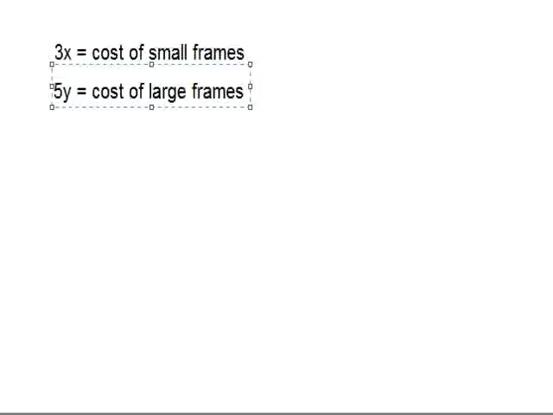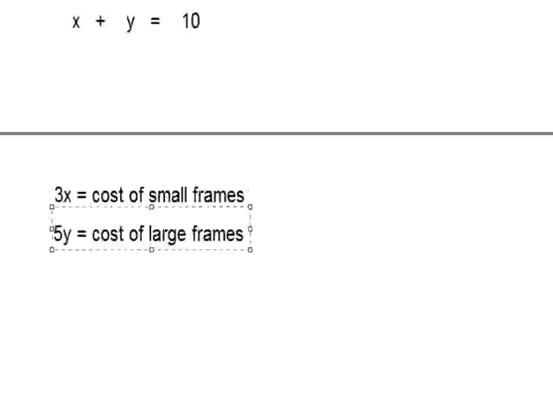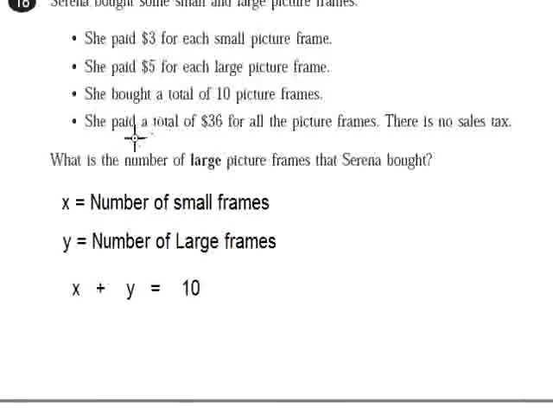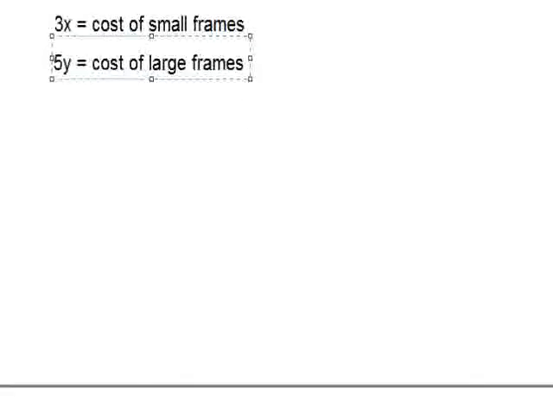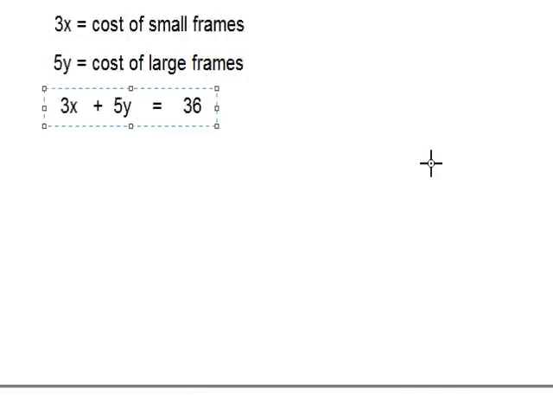That also tells us a little bit more, that if we have 3X plus 5Y, or the cost of the small picture frames plus the cost of the large picture frames, we're going to have the total cost. And remember, in the problem they told us she paid a total of $36. So that's the second part of our simultaneous equation, that 3X plus 5Y, well, that equals 36.